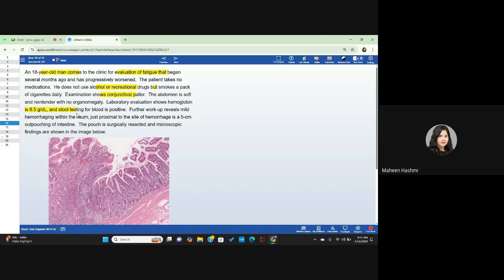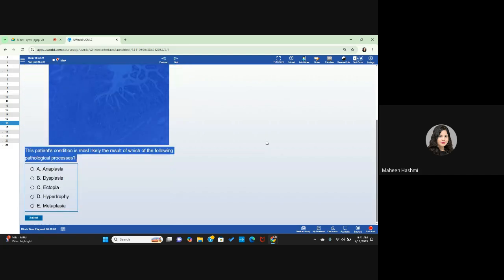I told you guys that the easiest way to differentiate between malabsorptive diseases is that if it's something pathology oriented in terms of the intestines, you will have collective malabsorption. So you will have iron deficiency anemia, and vitamin D levels will be low. The pouch is surgically resected and the microscopic findings are shown below.